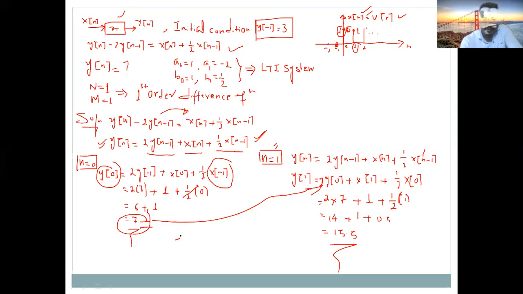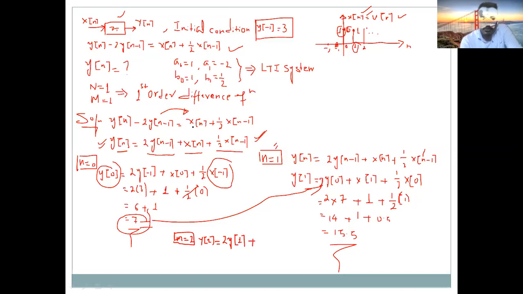When n is equal to 2, what will be the output? y of 2 is equal to 2 times y of n minus 1. So n is 2 now, 2 minus 1, it will be y of 1.